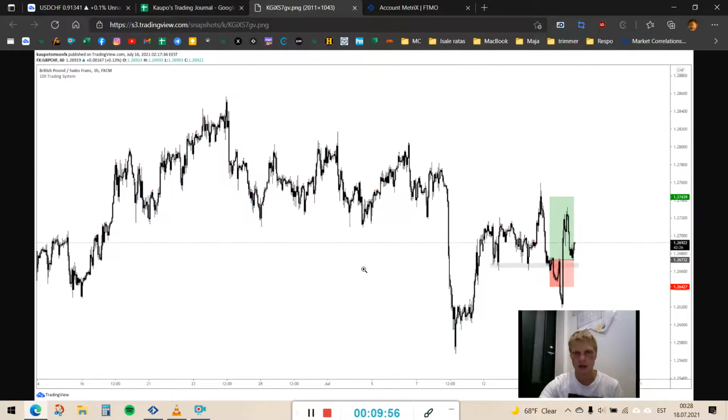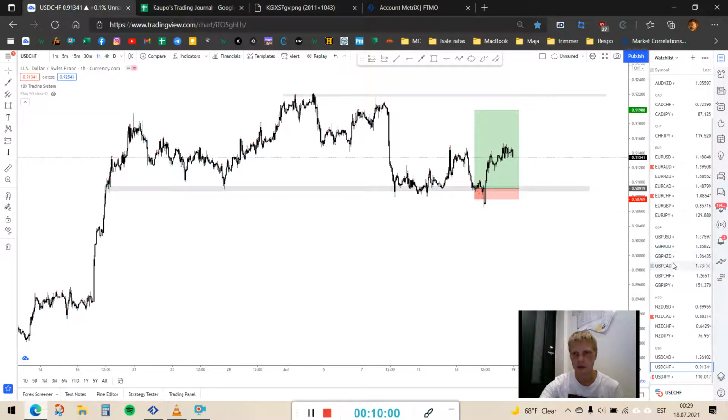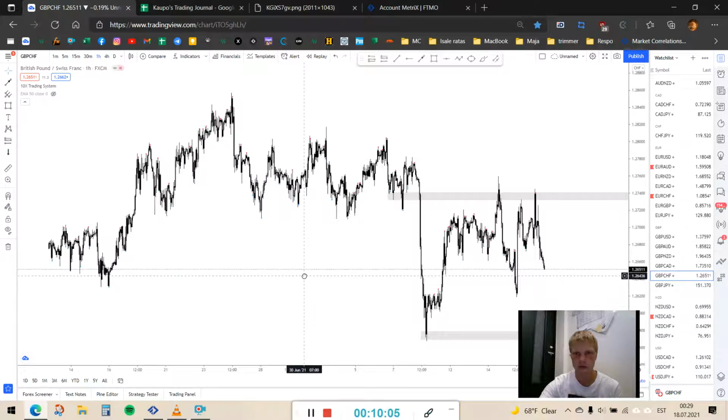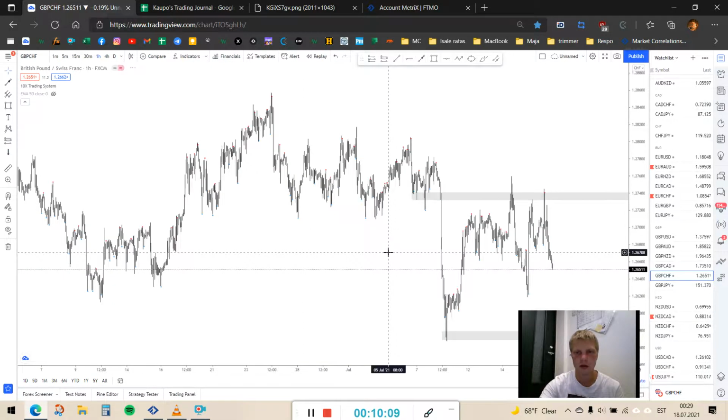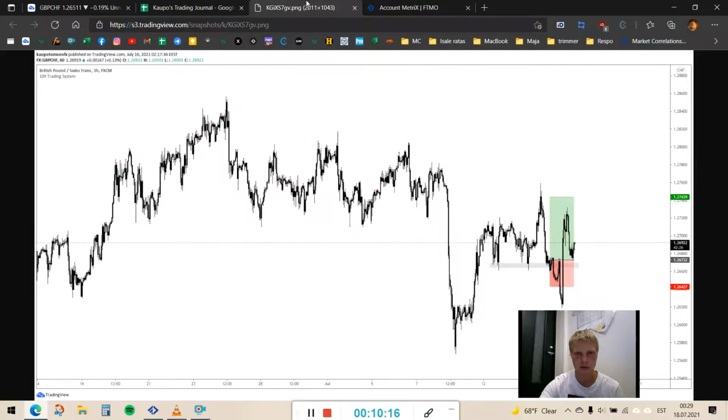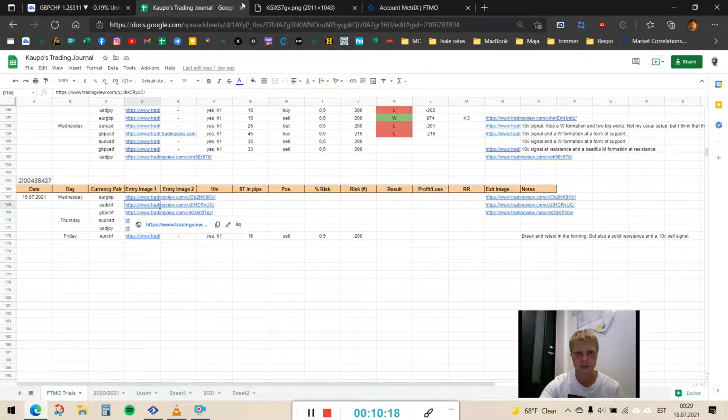So GBP CHF. Let me see if I still have this marked up. So this was here, right? Somewhere here. Yeah.